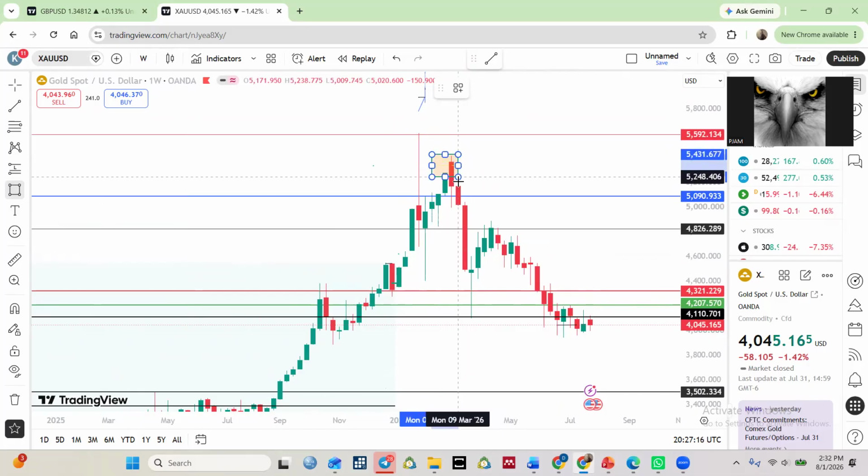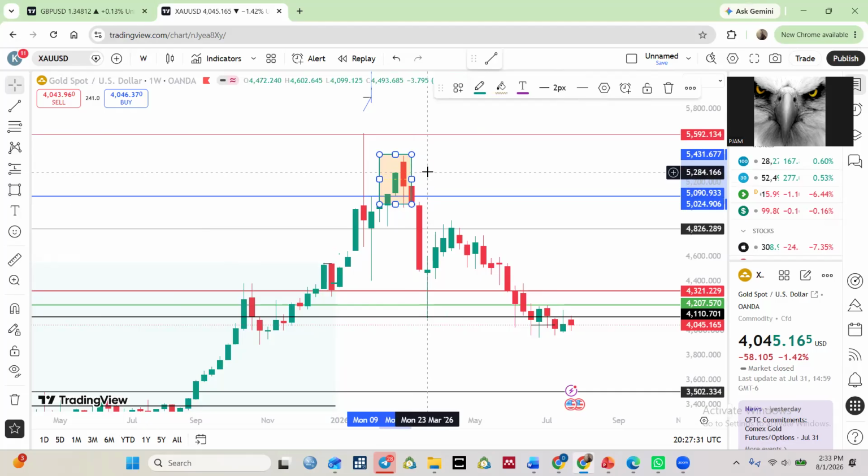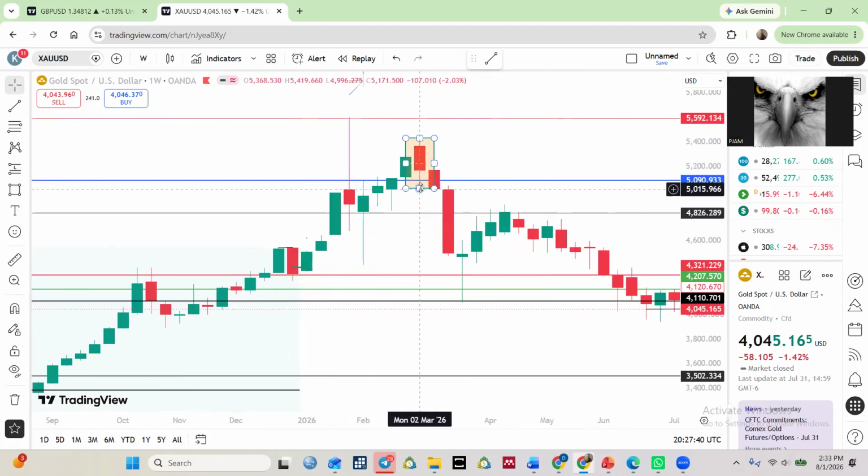A candle normally will have a wick, either a wick down or a wick up, and a body. So a candle has a low, a high, and a body. Those are the basic parts of the candle: the top or the high of the candle, the low of the candle, and the body.